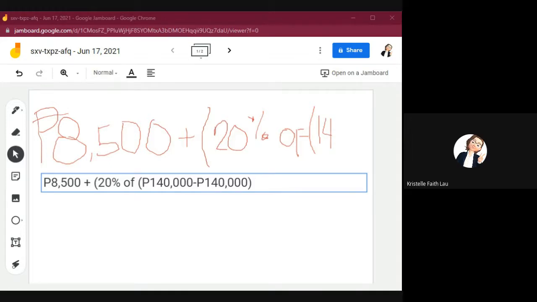Again, a non-resident alien individual engaged in trade or business in the Philippines is subject to income tax in the same manner as individual citizens and resident aliens on taxable income received from sources within the Philippines.